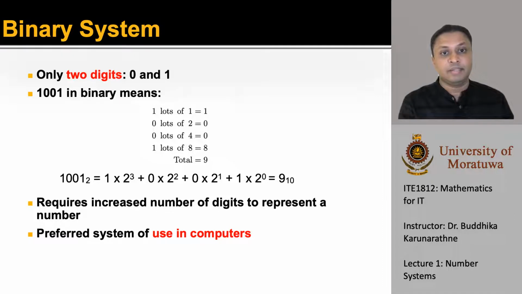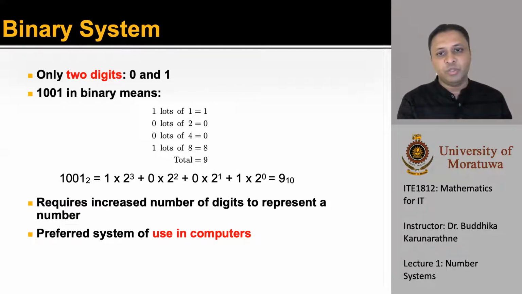A reminder that this is represented in the decimal number system. So you represent that in this equation, 1001 subscript 2, representing the binary number system, is equal to 1 times 2 to the power 3 plus 0 times 2 to the power 2 plus 0 times 2 to the power 1 plus 1 times 2 to the power 0, which is equal to 9 in the decimal format.